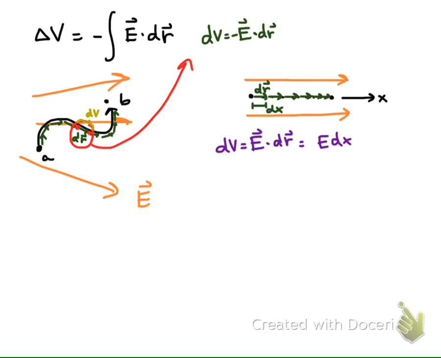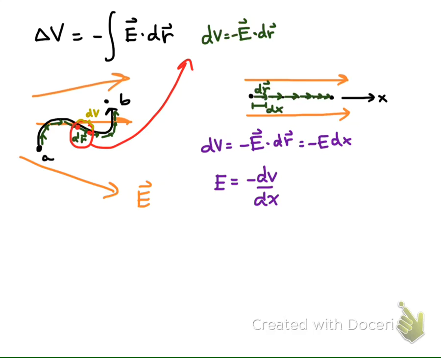So this is minus E dr, which is minus E dx. It means that we can write E is equal to minus dV by dx.